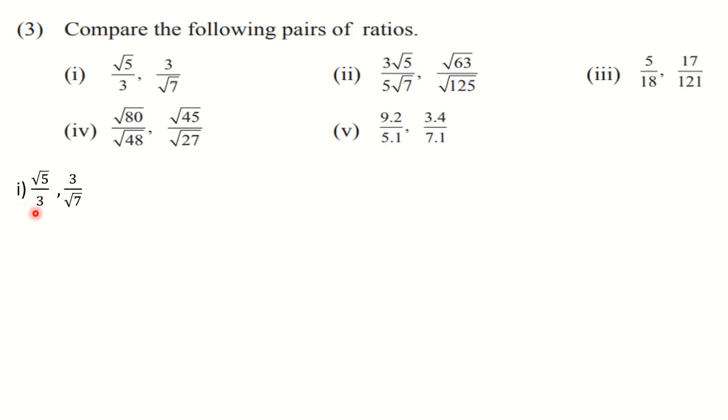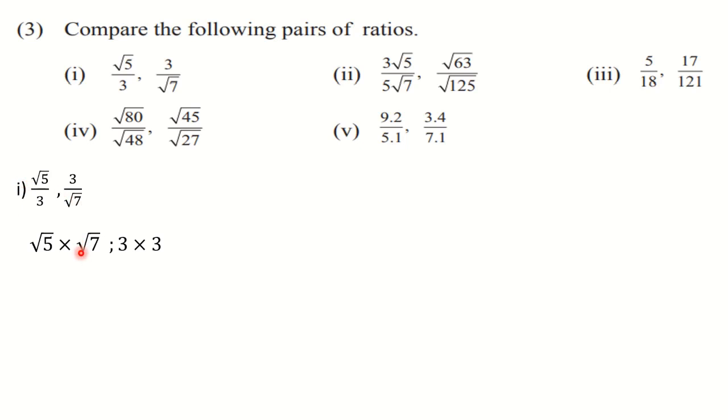Root 5 upon 3 and 3 upon root 7. As we have seen in the rules, we have to go for cross multiplication here: numerator of the first ratio into denominator of the second ratio, and numerator of the second ratio into denominator of the first ratio. Let us write that down.